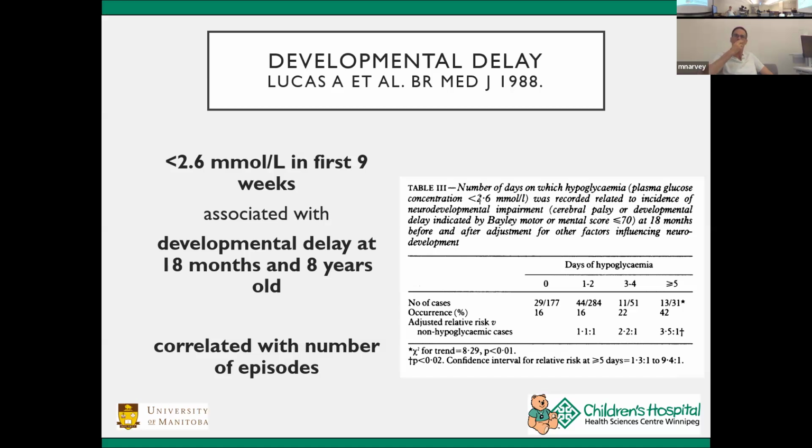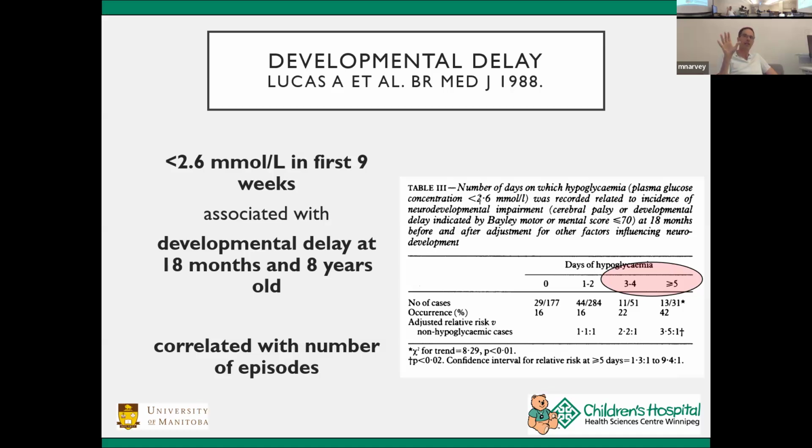What he found was that over the first 9 weeks, if you had multiple episodes of blood sugars under 2.6, this became associated with developmental delays when looked at 18 months and 8 years of age. It correlated with the number of episodes, so it wasn't really until you got to greater than or equal to 5 that you started to see impacts on development. So if you've ever wondered where the 2.6 comes from, I believe it's actually this study.